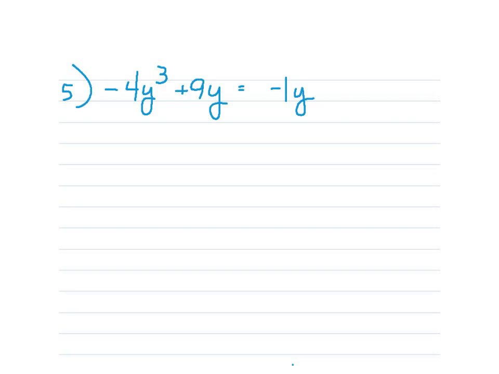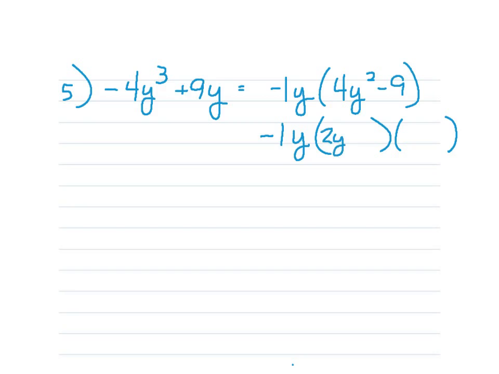Let me fix it. 4y squared minus 9. Notice that 4y squared minus 9 is a difference of squares, so bring down the negative 1y, and let's factor out our difference of squares. We have 2y plus 3, 2y minus 3.